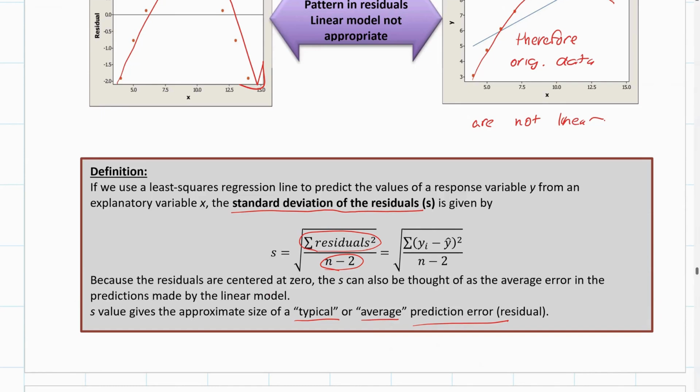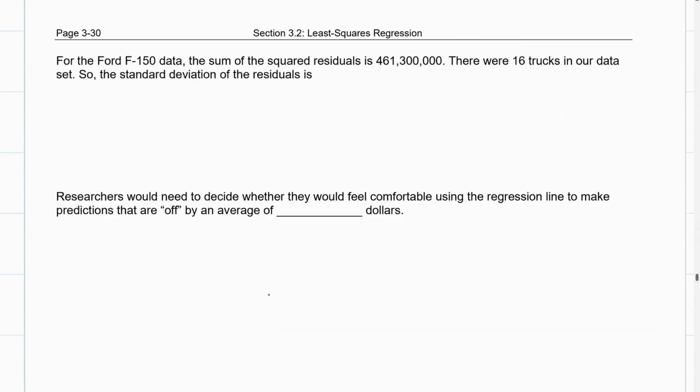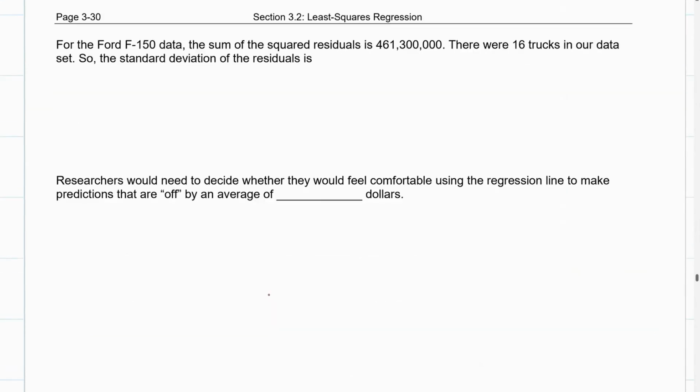So let's calculate the standard deviation of the residuals if we are told that the sum of the squares of the residuals is a whopping 461,300,000. S is the symbol that we use for the standard deviation of the residuals.